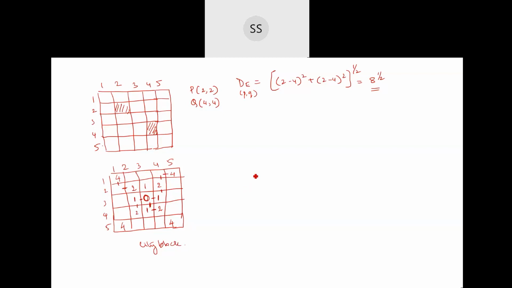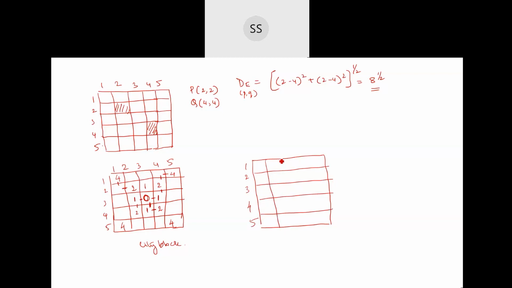Now, when we talk about the last one, which is the chessboard method, again, I'm going to choose a center pixel, that is 0.